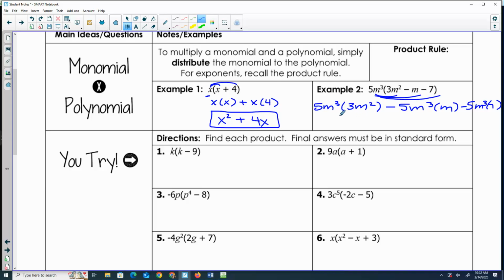You multiply your coefficients. 5 times 3 is 15. How do you do m to the third times m to the second? Add them. So m to the fifth. Minus, okay, this is 5 times just a 1, so that's 5, m to the third times m. We add those exponents, 3 plus 1 is 4, so m to the 4. Minus 5m to the third times 7, so 5 times 7 is 35, m to the third.